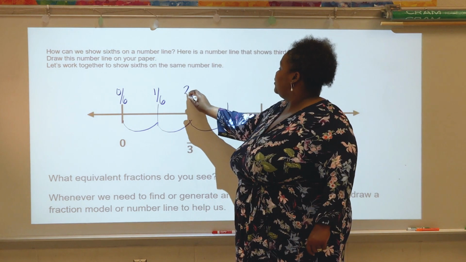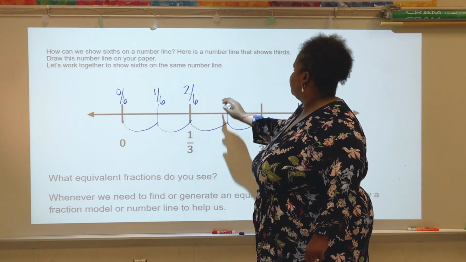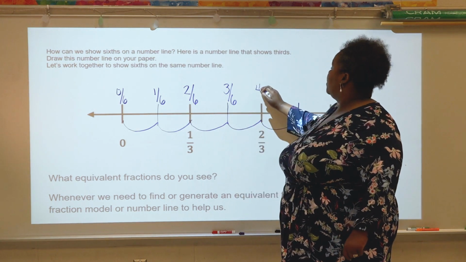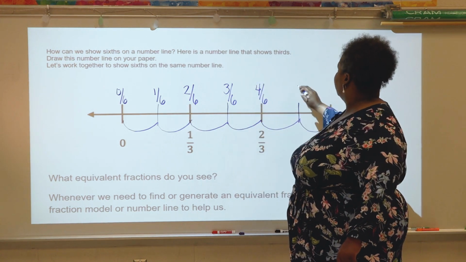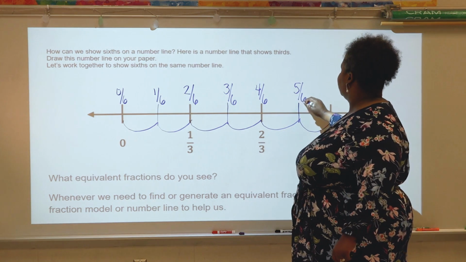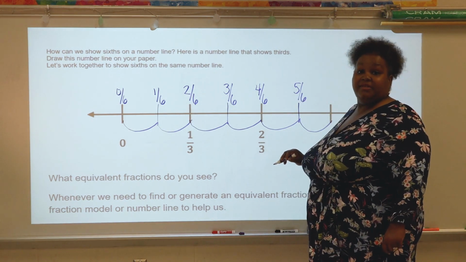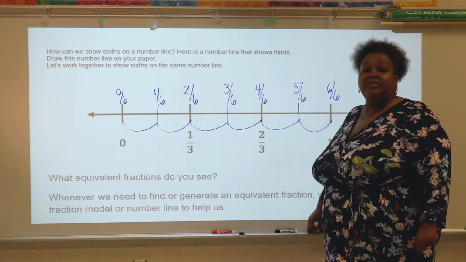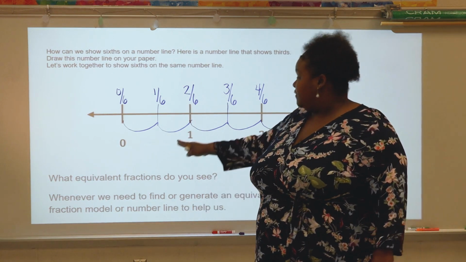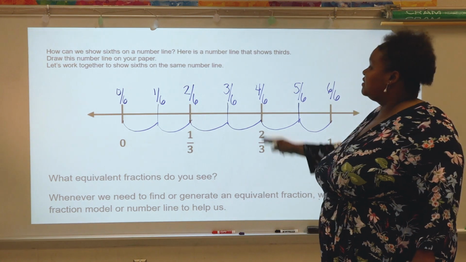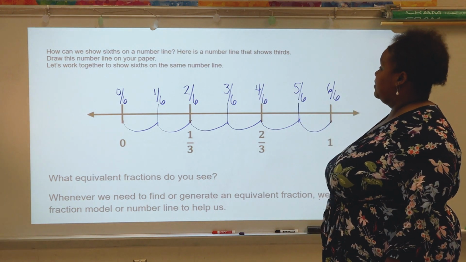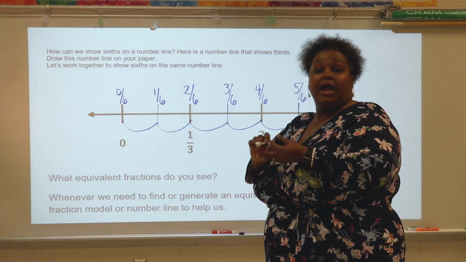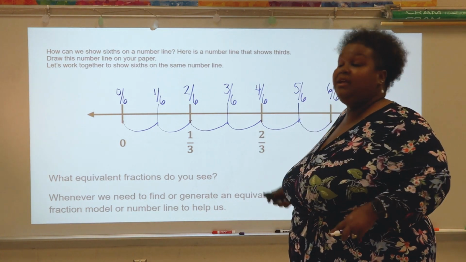Next, 2 sixths, 3 sixths, 4 sixths, 5 sixths, and 1 whole, which is the same as 6 sixths. So I've labeled my number line. At the very bottom are thirds, at the very top are sixths. Now we're looking for an equivalent fraction, a fraction that equals the same.